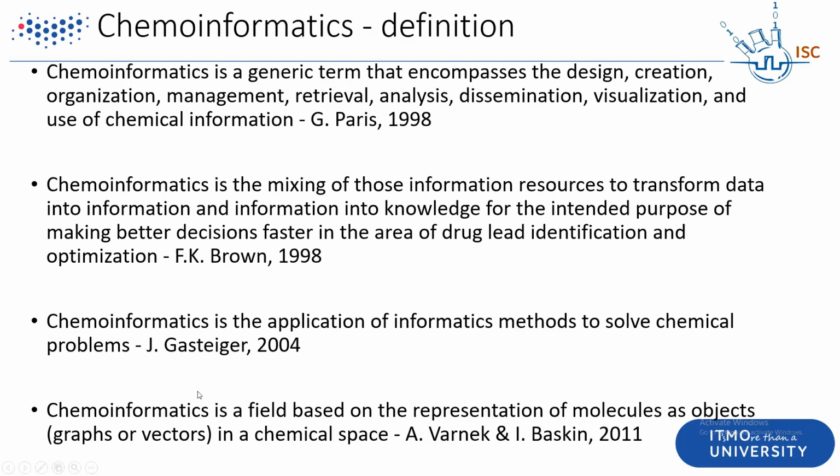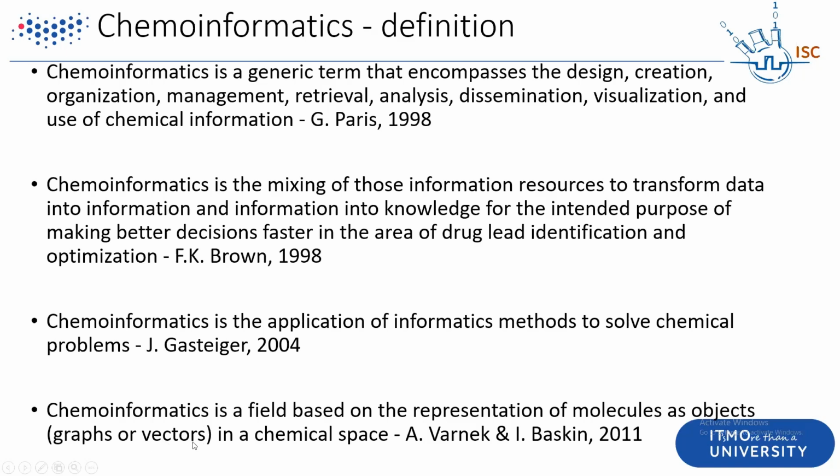And the last definition, but not least, is that chemoinformatics is a field based on the representation of molecules as objects in a chemical space. One could investigate the molecules in a chemical space to represent the molecules as mathematical entities, using some geometrical representations like graphs or some mathematical strings, algebraic strings like vectors.